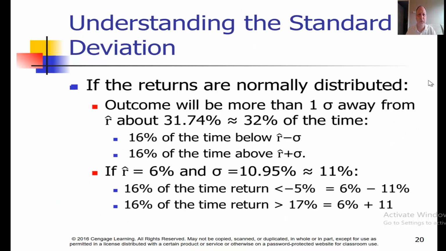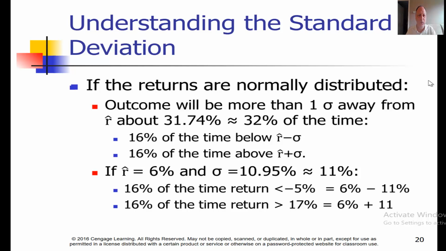So how do we understand the standard deviation? Well, if we look at a normal distribution and we have a standard deviation, outcomes will be more than one standard deviation away from the expected rate of return around 32% of the time. Half of that will be below the expected rate of return, 16% of the time, below R hat minus the standard deviation, and 16% of the time above R hat plus the standard deviation.